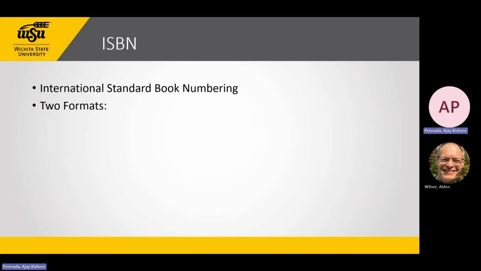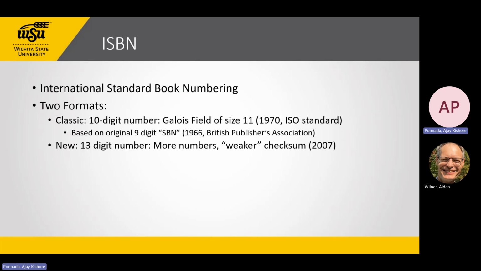So we have two formats. We only have one format now, but we used to have one more format back in those days. A classic 10-digit number, and the present ISBN number we are using is a 13-digit number. The 10-digit number is a Galois field of size 11, with one check bit, based on the original 9-digit SBN, 1966, British Publishers Association.